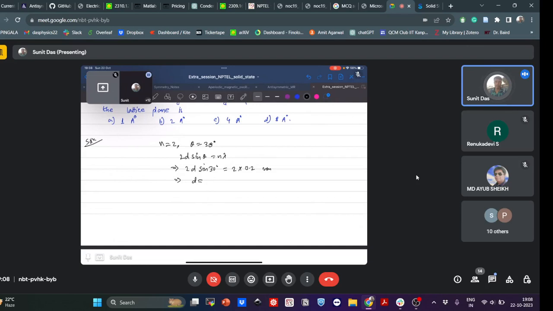So d will be 0.4 nanometer, which is 4 angstrom, right? Okay, so next question.